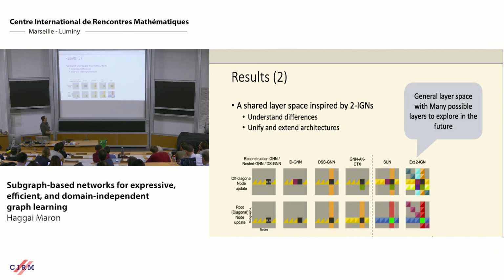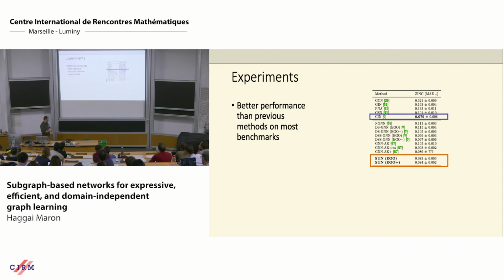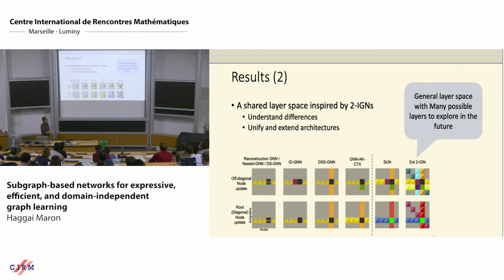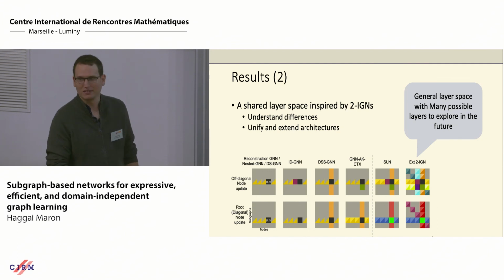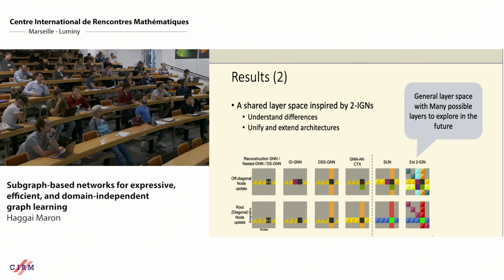I will skip the exact thing here, because I would like to finish. But just to let you know, this is a graphical illustration of the previous layers that people have suggested. This is a new layer that we suggest, and this is like the full layer space. So there is a lot of opportunity here to discover new things that will probably work better.